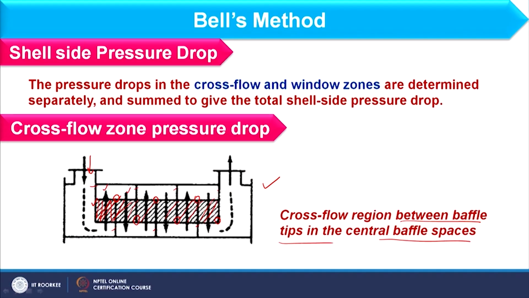We will first find out the pressure drop between two baffles, or we can say in one cross flow zone, and then we will consider that in different cross flow zones from one end of the shell to another end. So, when the fluid is entering, it moves through the cross flow zones like this, and finally it exits from this side.